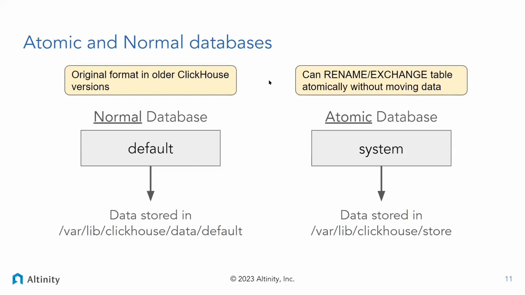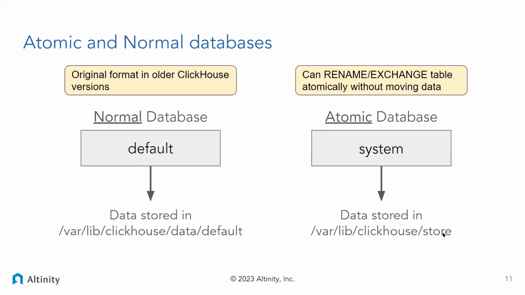As a result, a couple of years ago, maybe 3 or something like that, ClickHouse introduced the notion of an atomic database, and this uses some indirection, where basically all the actual files themselves are stored in /var/lib/clickhouse/store.